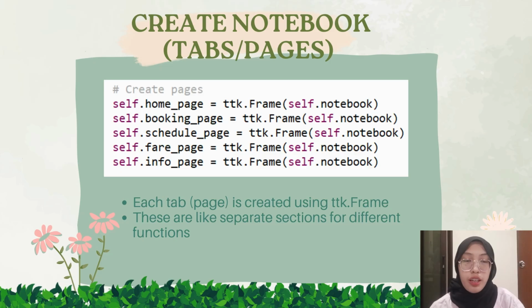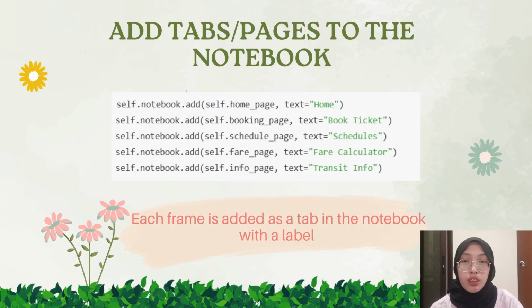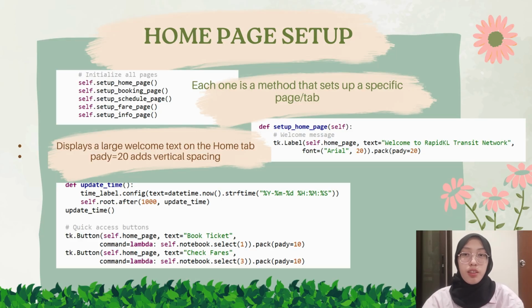The 5 pages are home page, booking page, schedule page, fare calculator page, and transit info page. And now these codes will add a tab label for the respective pages.